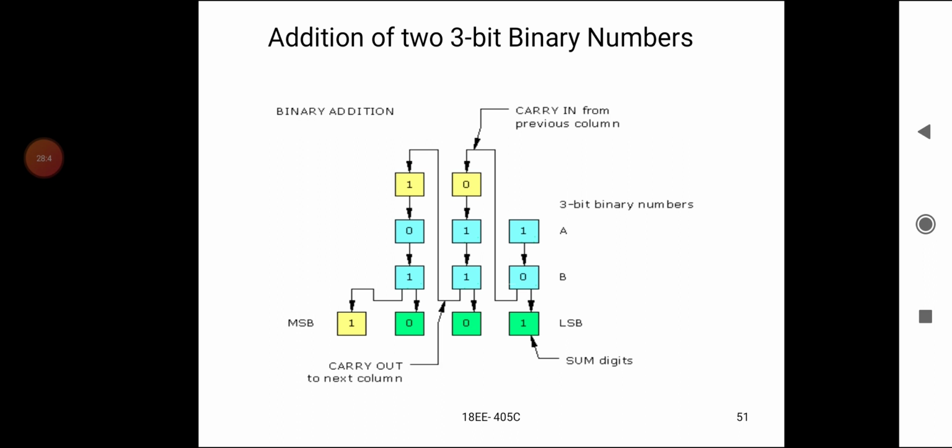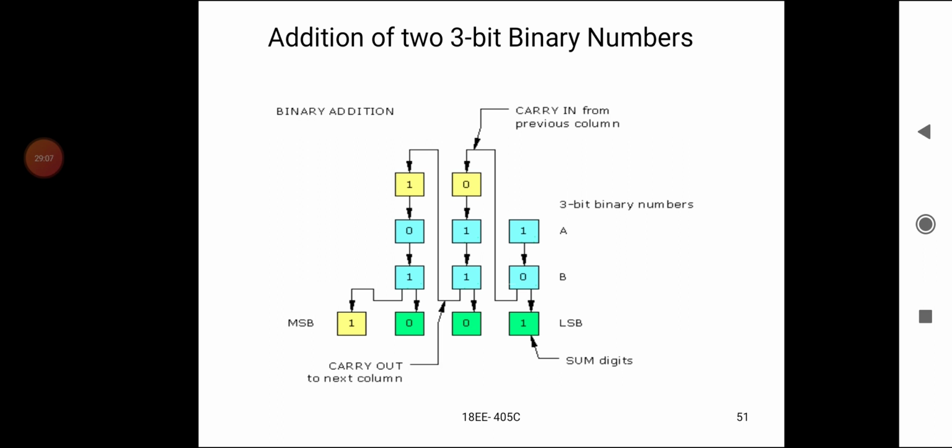So here A is one 3-bit binary number which is 0 1 1. B is another number which is 1 1 0.